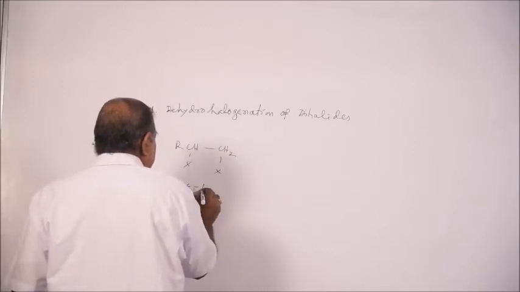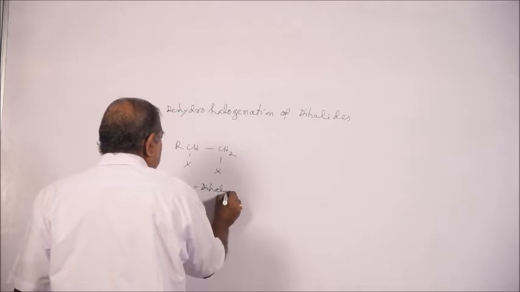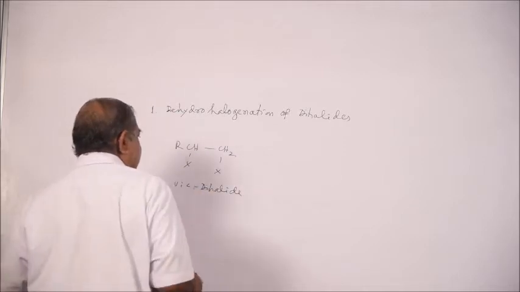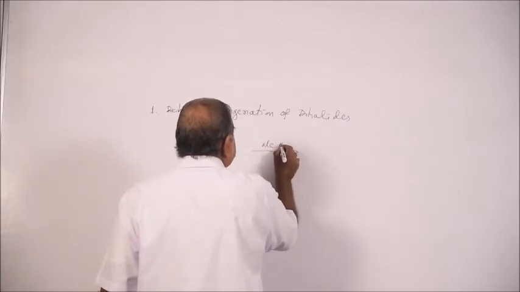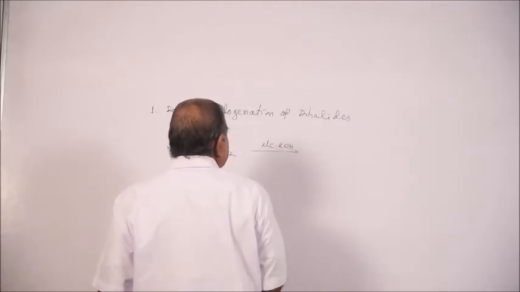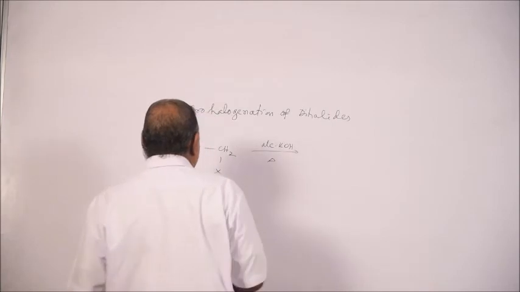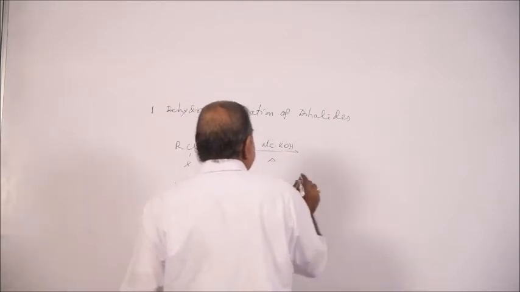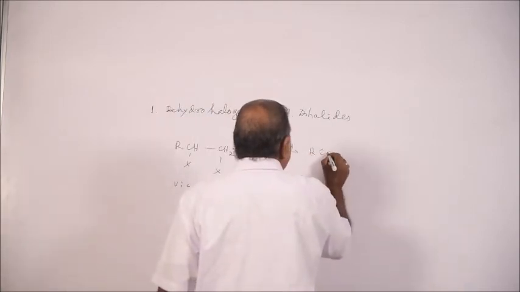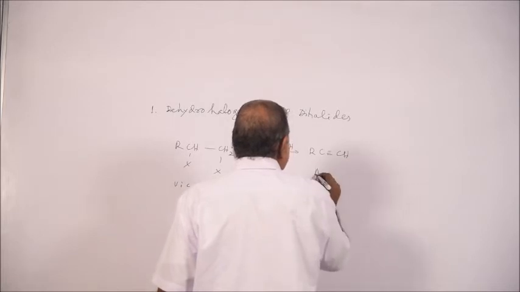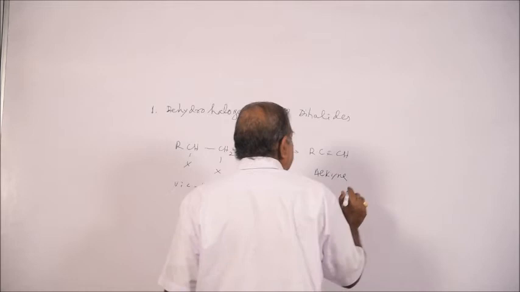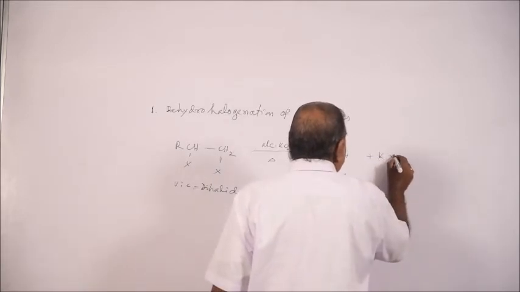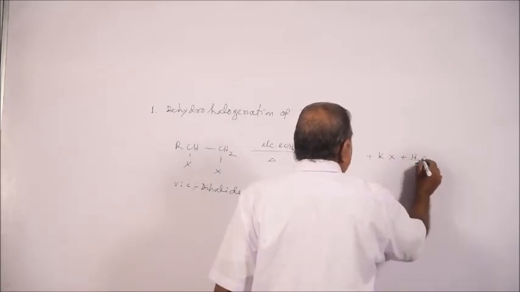Already I have told you, when two halogen atoms are attached to two adjacent carbon atoms and it is treated with alcoholic potassium hydroxide, two hydrogen halides are removed, giving you RC triple bond CH, that is alkyne. Hydrogen halide is an acid, which reacts with potassium hydroxide to give potassium halide and water.